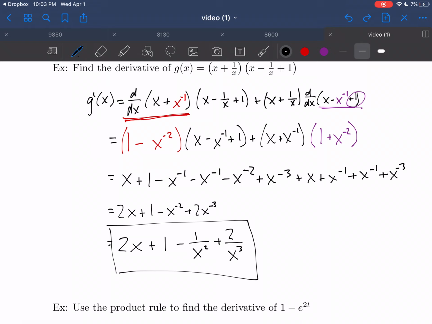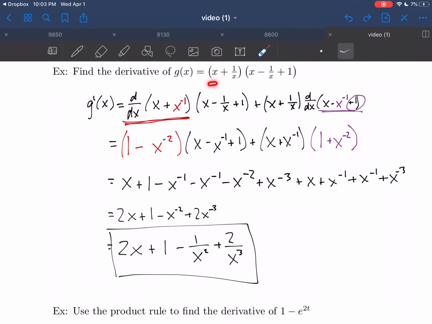Like in this case, we had to use the product rule, but we also had to use the sum rule, or the sum difference rule. Then we had to use derivative of x, power rule, constant rule, and that's common. You just have to take it step by step.